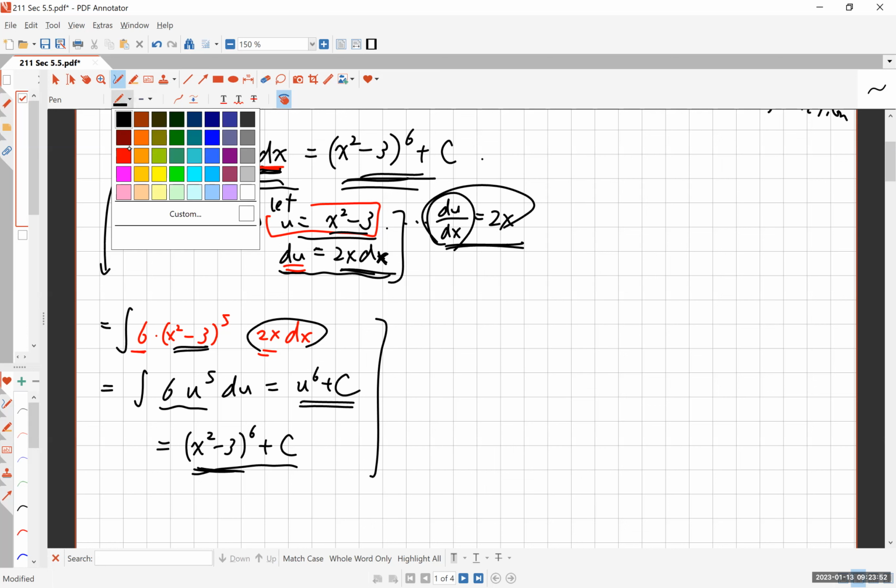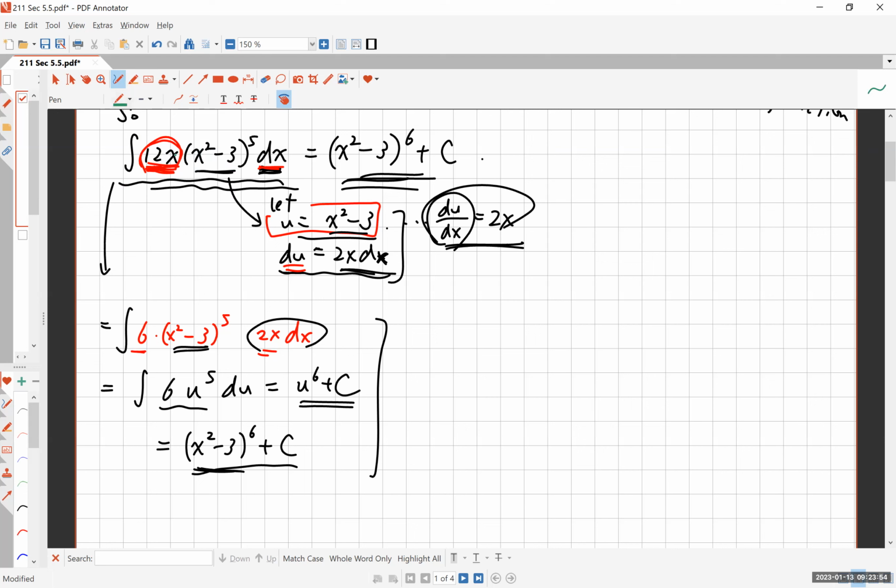All right, let's stop and reflect on what we did. We find an appropriate u, the inside function, in such a way that if I write du in terms of dx, that's the differential of u with respect to x, you actually see that as a part of the integrand. In this case, you had 12x dx, so I can write a part of 12x dx as 2x dx, times 6. This allows us to rewrite the entire integral in terms of u, never using x.